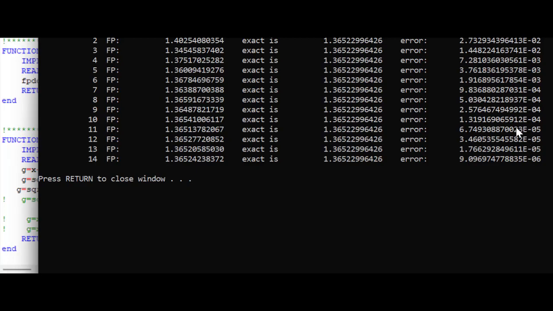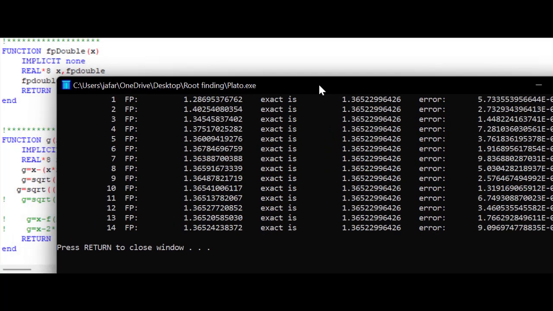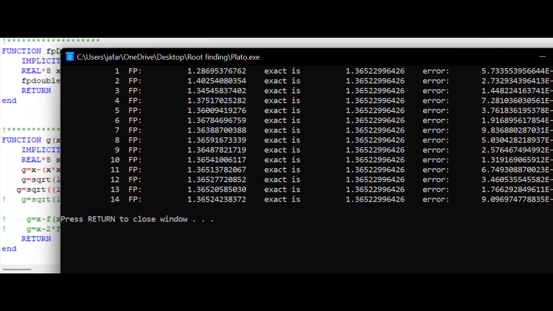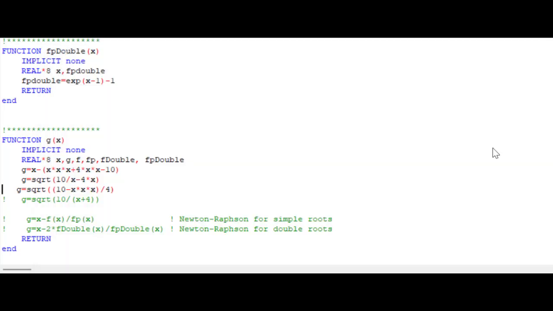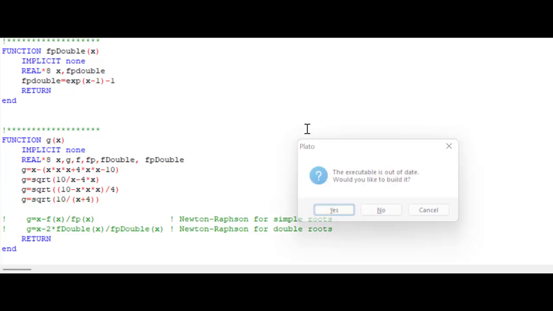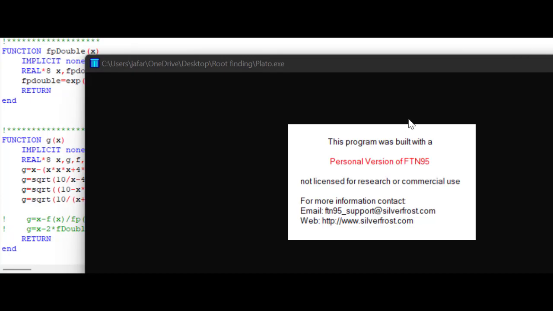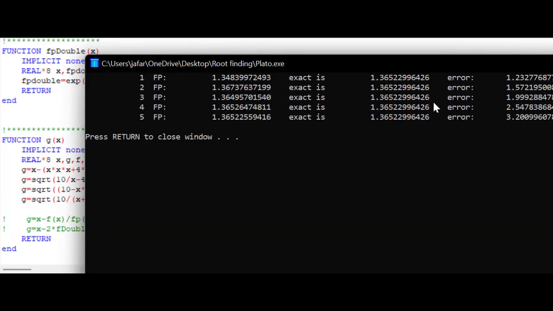But the convergence is somehow monotone, because as you see, we have a decreasing trend in the relative error, but in 14 iterations. And the last one reaches the results in 5 iterations.